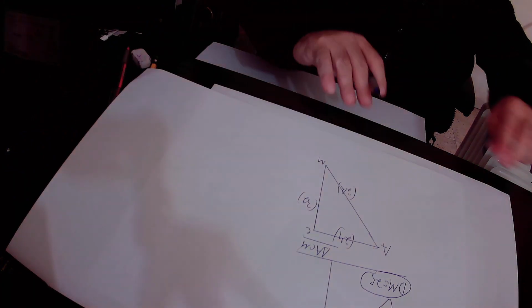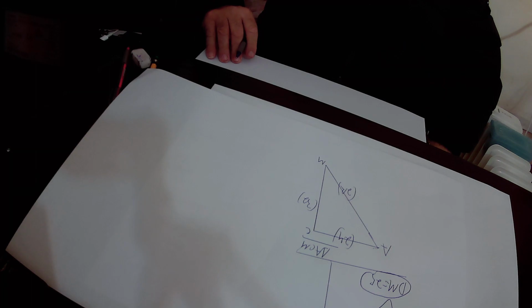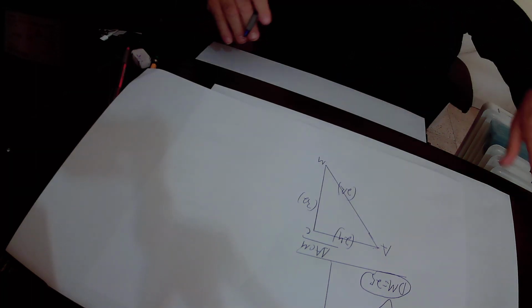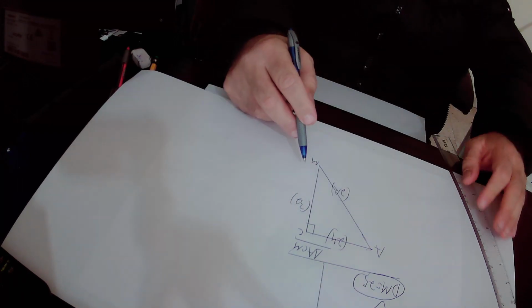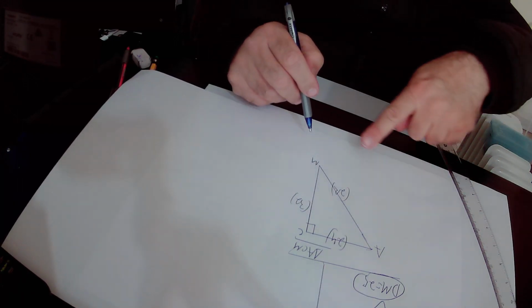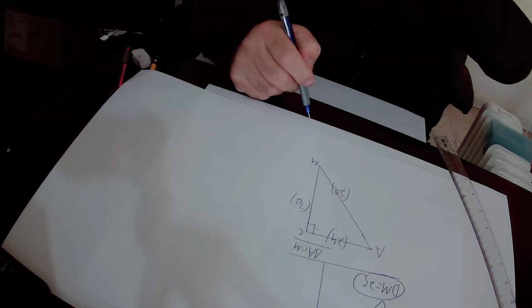So actually, this is the right triangle ACM that I copied from the original drawing, and I repeat again that CM equals 32, AC equals 24, and the hypotenuse AM equals 2R.